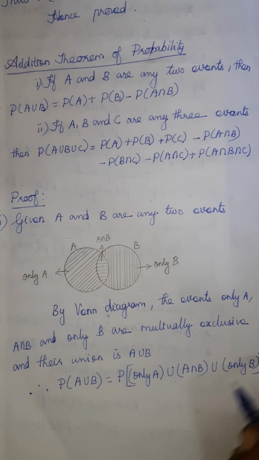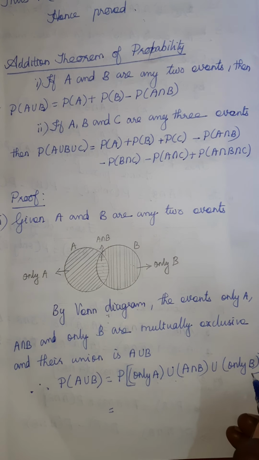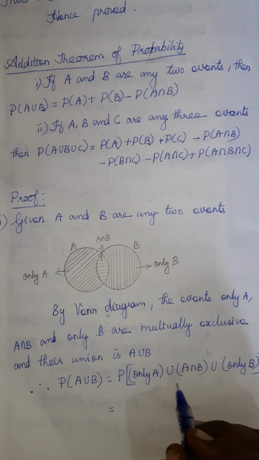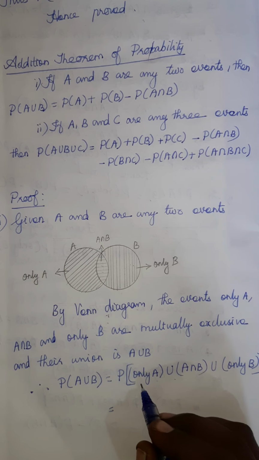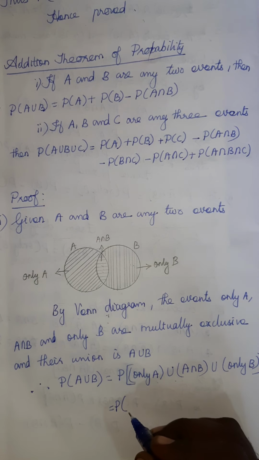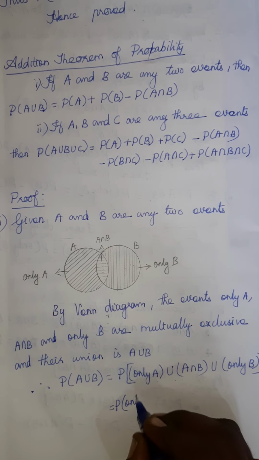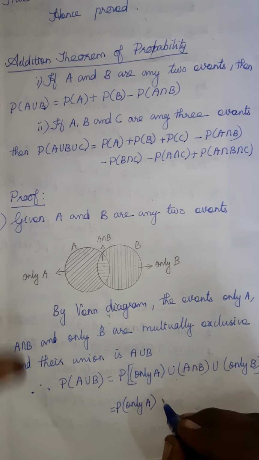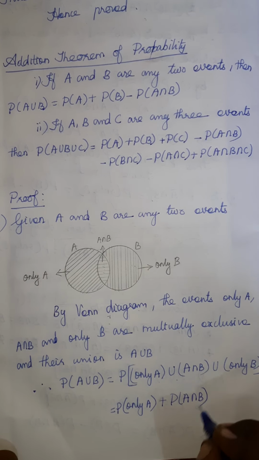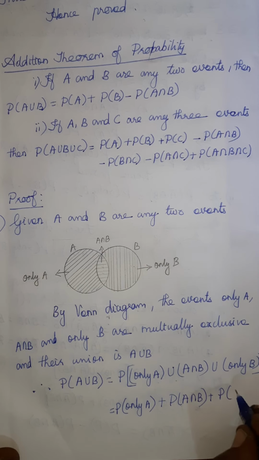Now the union of these three sets, but the three are mutually exclusive. So we can write this separately with the addition symbol, as there is no intersection. So probability of only A plus probability of A intersection B plus probability of only B.